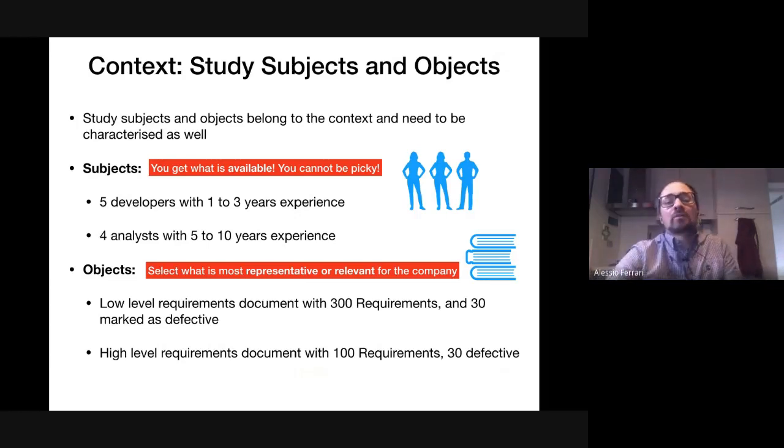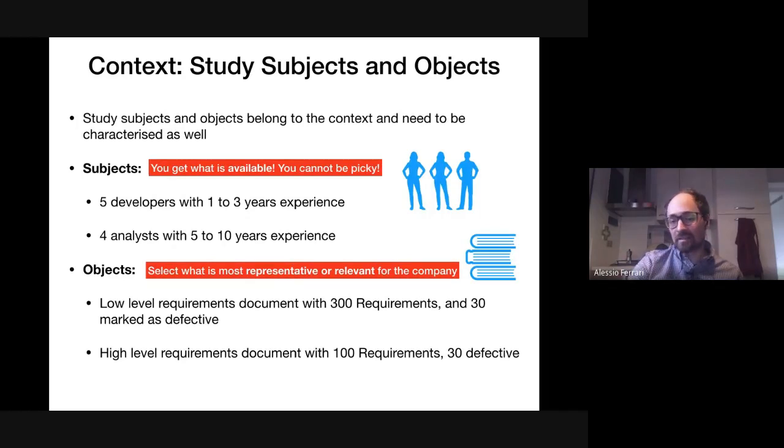You have to select the documents that are most representative or relevant for the company itself. So you have to discuss with the company and understand what is most appropriate. For example, you may select for this study low-level requirements, a document with 300 requirements and some requirements marked as defective, or higher level requirements with 100 requirements and 30 defective.